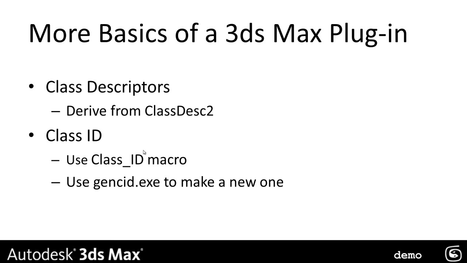So this is very important to make sure you create a new class ID for any new plugin that you're creating. Okay, so there's a class ID macro that you would use to identify your new class, and then we provide a tool called GenCID to create a new class ID, which is guaranteed to be unique.